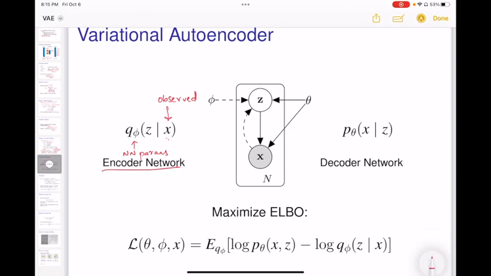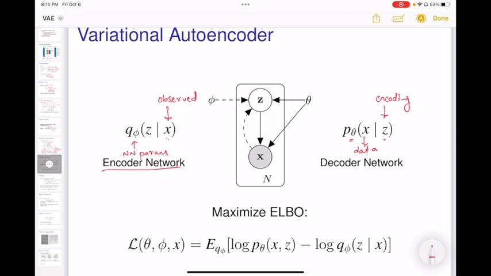We pass it through a bunch of layers, get the encoding variable z, and then the decoding network, which has parameters theta, takes in the encoding variable z and tries to recover the actual data from it, right? So the decoder network is decoding the z representation back to the image, right?